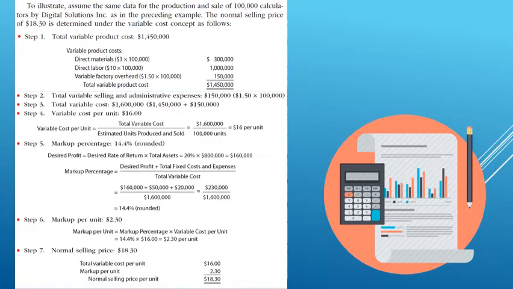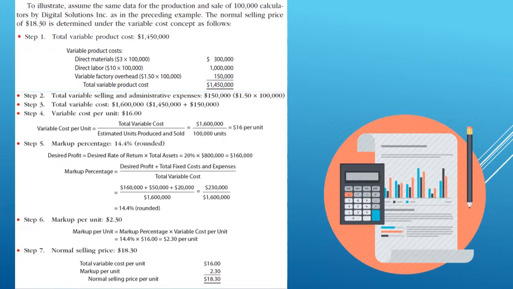So in getting that, we have to apply the 7 steps. So first is to identify the total variable cost. So in the given data, we have here $1,450,000.